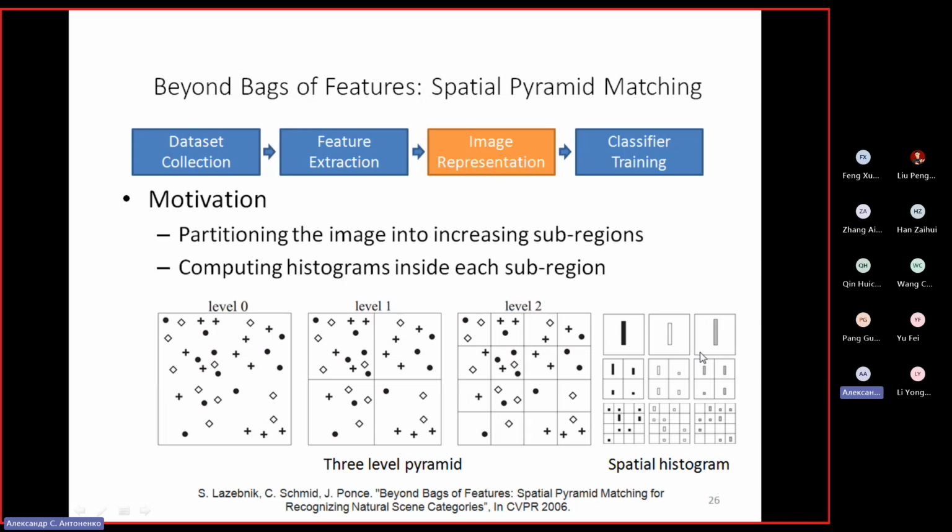In this case, it doesn't ignore the location of objects. For example, if the head is upper, it is more likely that it's a person than if the head is downwards. So in this case, it doesn't ignore the position of an object. So we can use this approach.